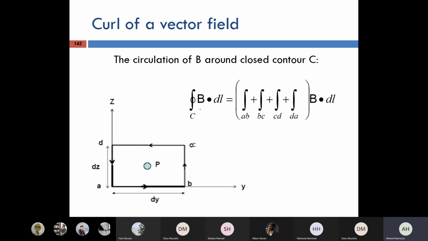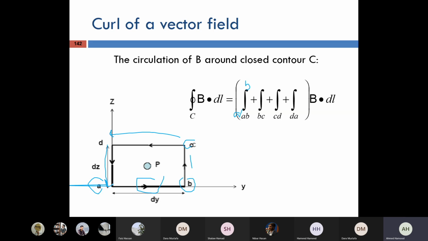So the integration part based on curl is equal to the integration from A to B. So you have here A and B, so you have a value here, the distance. Then from B to C, you have a distance here. Then you have from C to D, and from D to A. That's the normal integration around all this circuit or configuration part.